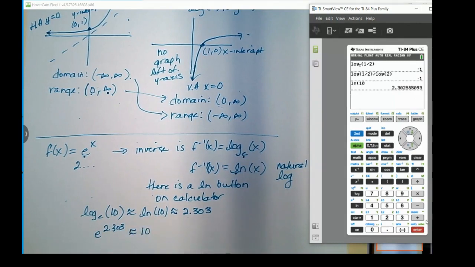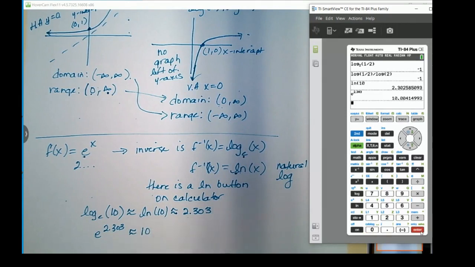The way to remember that these two are connected is if you look at your calculator, this is where we got that e to the x function. It's above the ln button. So if we wanted to do e to the 2.303, we'd be using that button with the second.